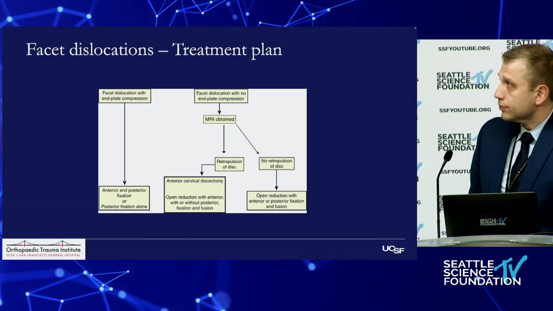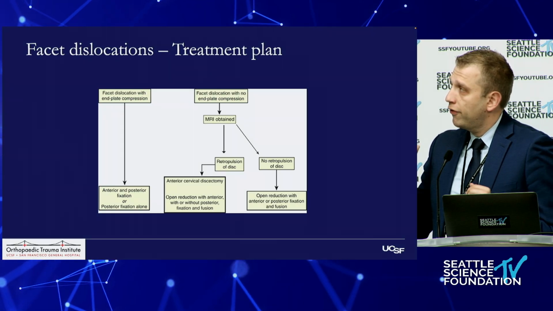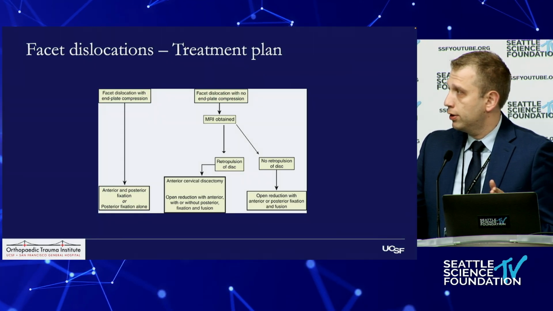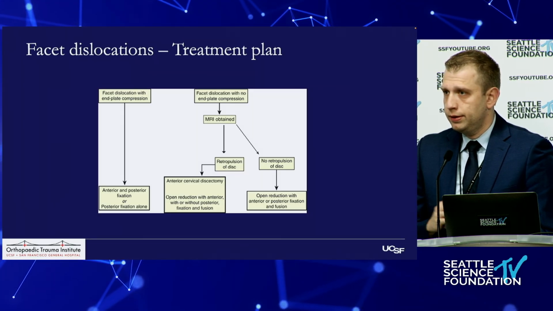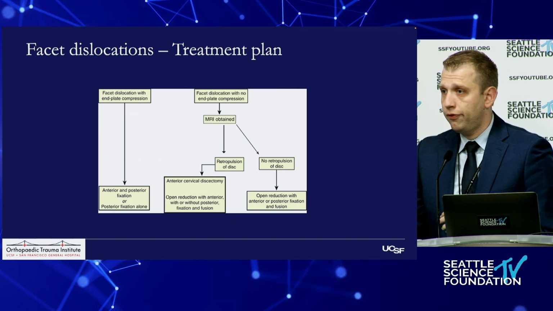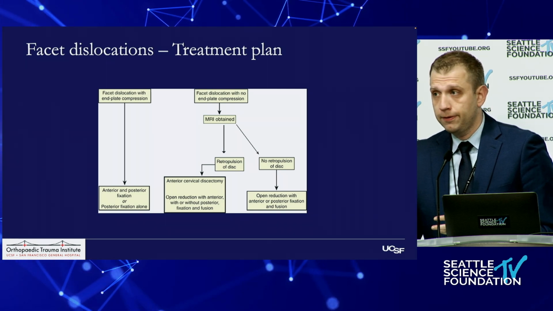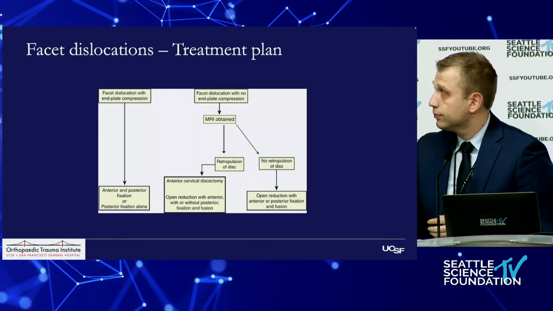Looking at my approaches of anterior and posterior, if I have a facet dislocation with an end plate compression, there's definitely going to be a posterior fixation component to it, with or without an anterior component. The ACDF will be performed if there's a disc, and then I'll back it up with a posterior construct.